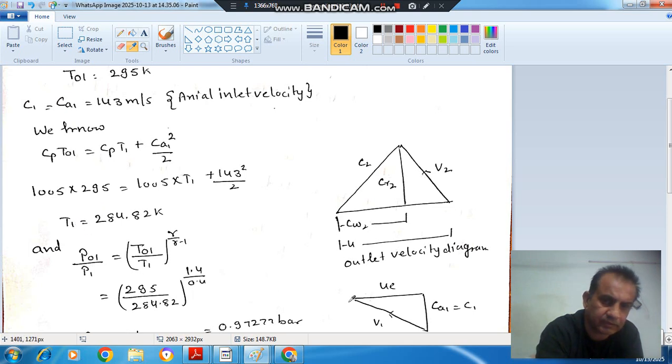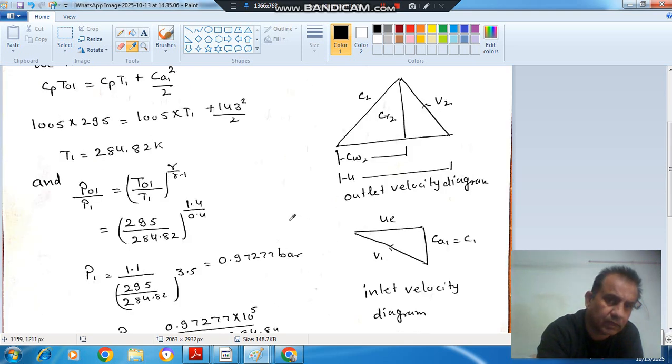Now to find the static pressure, we will use the isentropic formula. That is P01 by P1 is equal to T01 by T1 raised to gamma by gamma minus 1. Gamma is 1.4, gamma minus 1 is 0.4, T01 is 295, T1 is 284.82 and P01 is 1.1.